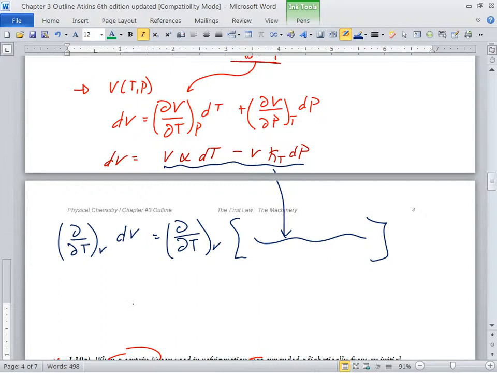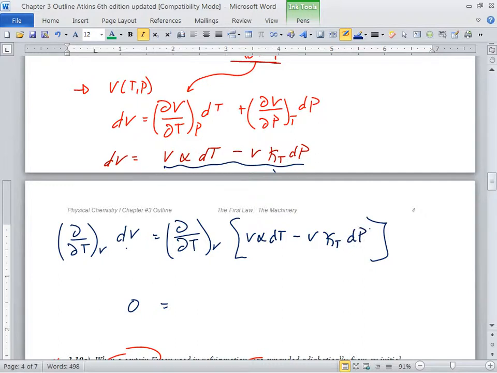Well, right away, this side's going to be 0, because v is constant and all I have is v here. And then I've got v alpha dt equals v kappa t dp.